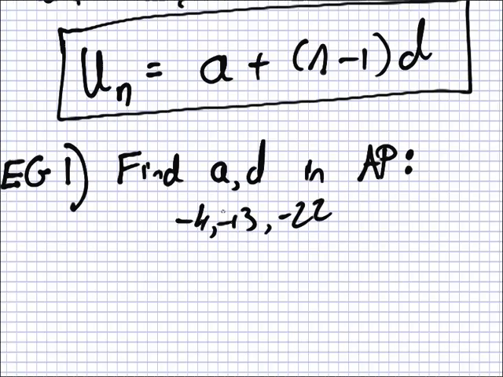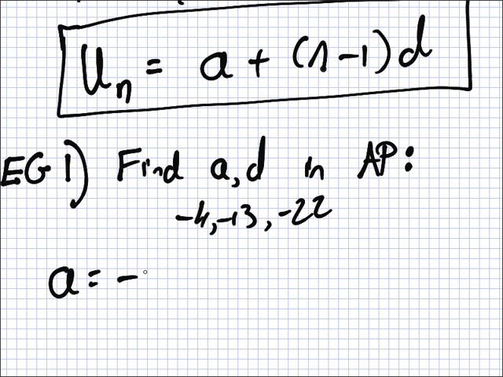So, what's the A here? It's minus 4. And the D? D is minus 9. Yeah, good. I could hear your brain calculating that. Okay, is that all right for the first example here? Easy enough, isn't it?